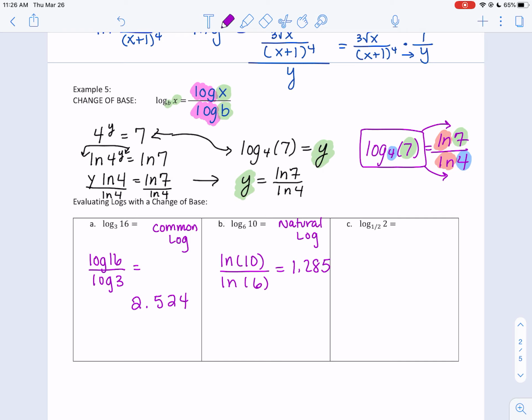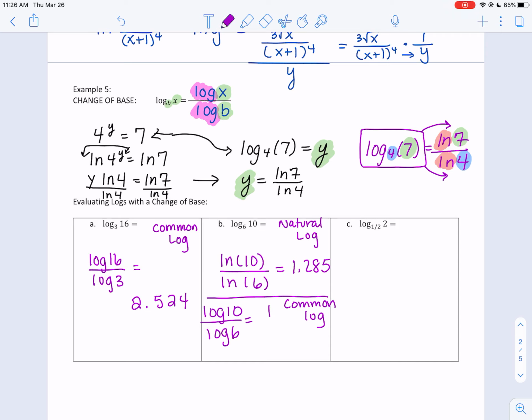Now, if I look at this expression, though, and I say, maybe natural log wasn't the best decision to make here. What if we decided to use a common log? Notice that that would be log 10 divided by log 6. We know log 10 has a value of 1. So if I rewrite that as 1 over log 6, just going to move that over so we have a little bit more room here.